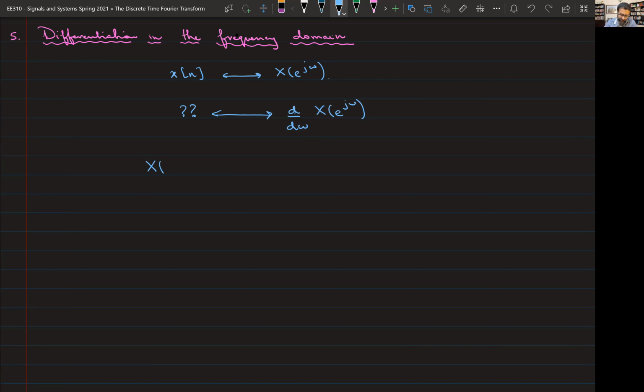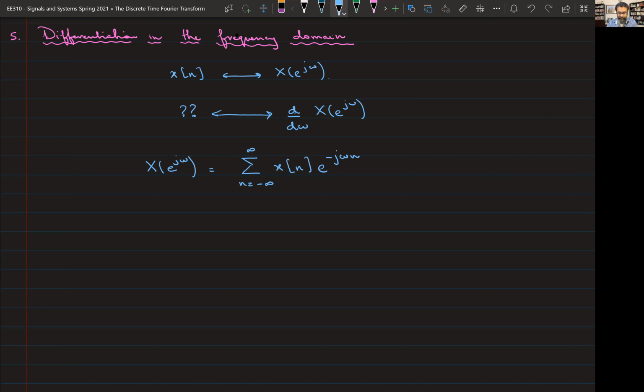The definition of the Fourier transform: X of e raised to j omega is equal to the summation n going from minus infinity to plus infinity of x of n e raised to power minus j omega n. So this would be the definition of the Fourier transform.